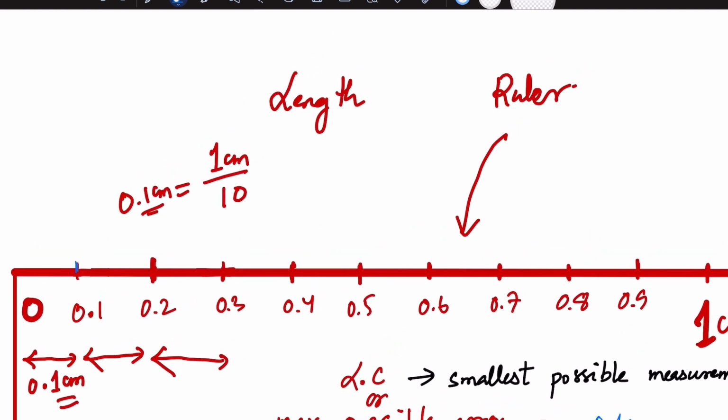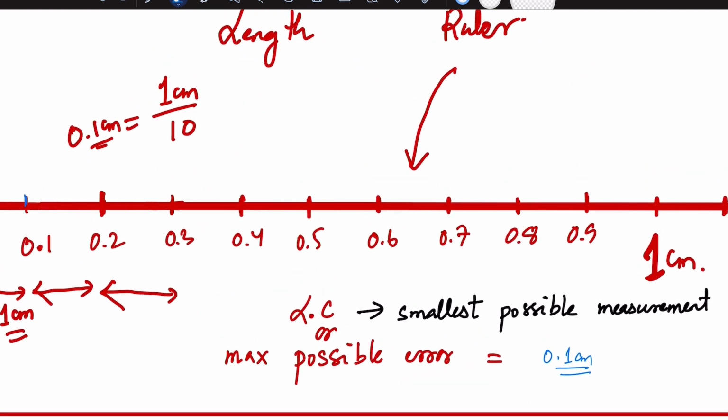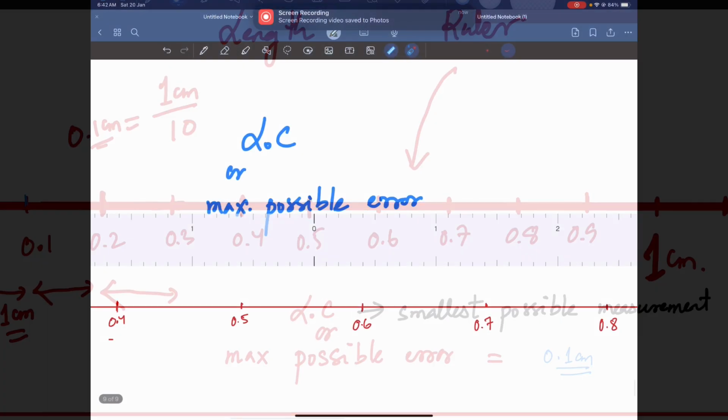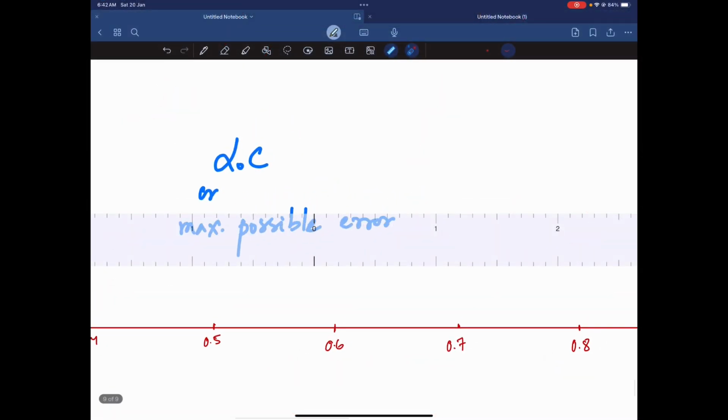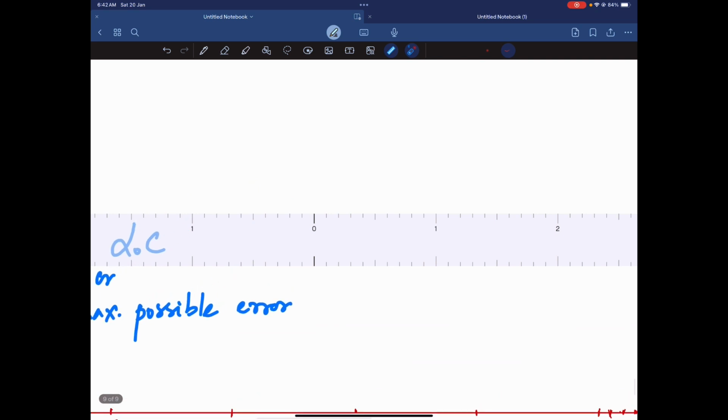Now why do we call the least count the maximum possible error? Let's see why. This is my ruler. First let's find the least count.